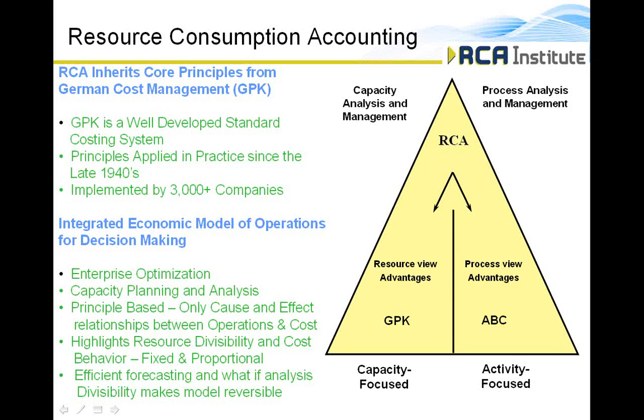RCA creates an integrated economic model of operations for decision-making by first applying operational resource flows throughout your organization and then applying cost. This improves its usability and maintainability. It becomes an operational tool rather than merely an accounting and finance control mechanism.